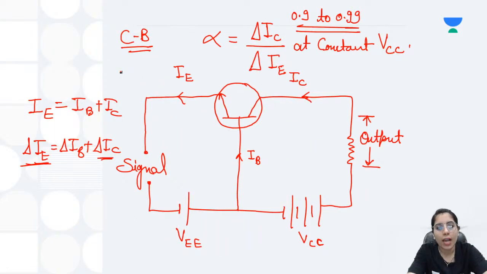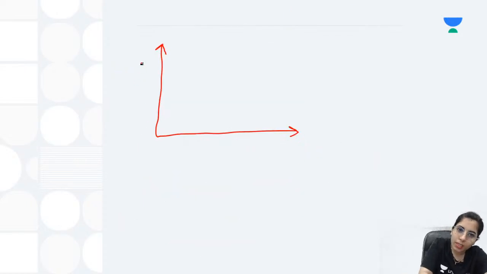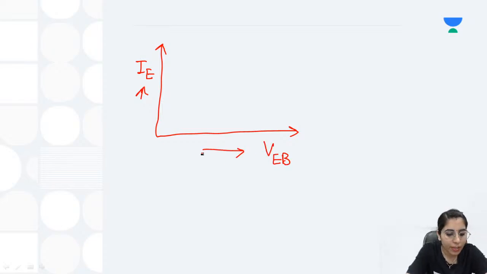On the input side we will have the emitter current and the emitter base voltage. So it's going to be emitter current and emitter base voltage, that is VEB. Okay, VEB, that is the emitter base voltage.